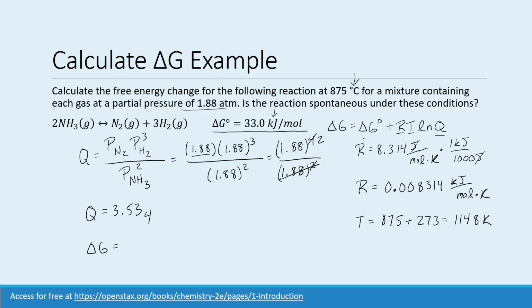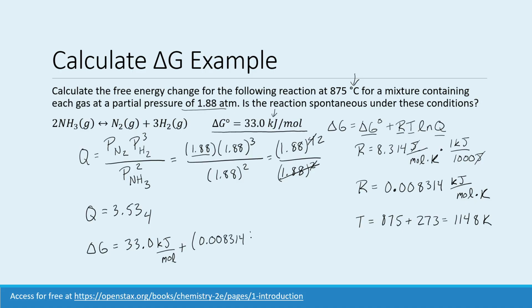Okay, so now we have changed the units for R and T and calculated our Q value. So now we can finally plug things into our original equation where delta G is equal to the delta G standard that they give us of 33.0 kilojoules per mole.